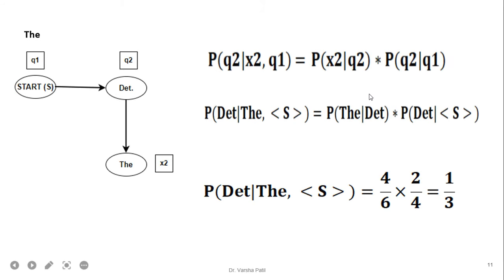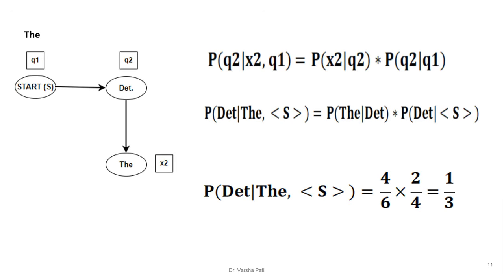So we require to check from the emission probability matrix how many times the and determiner combination takes place, that is 4 by 6, and how many times start and determiner, the previous word and the current word, combination comes divided by start, that is 2 by 4. So 4 by 6 into 2 by 4 is equal to 1 by 3. So initially our probability is 1 by 3.